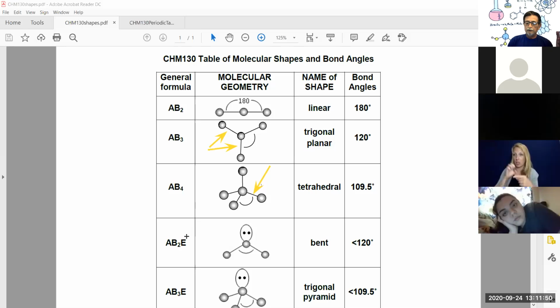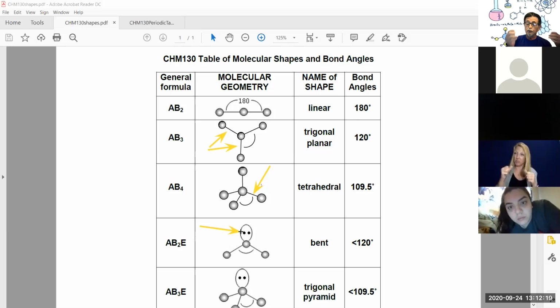The next one, we have AB2E. An E, again, represents what we call a lone pair. They're not bonded. They're situated on the central atom. Okay? They're not bonded to anything. And in this scenario, we have an AB2, meaning there are two atoms bonded to the central atom, A. Now, because those lone pairs are not bonded, they take up a lot of space.